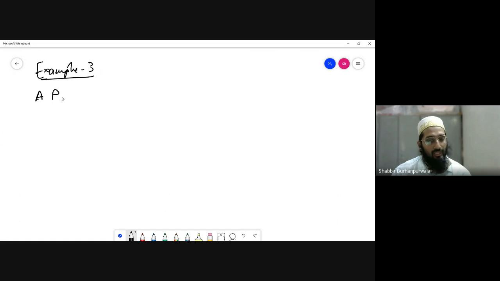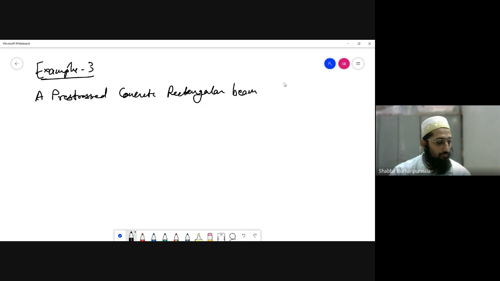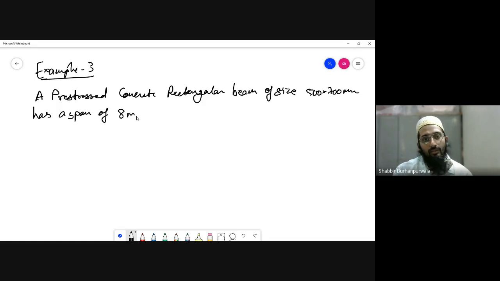A pre-stressed concrete rectangular beam of size 500 by 700 mm has a span of 8 meter.